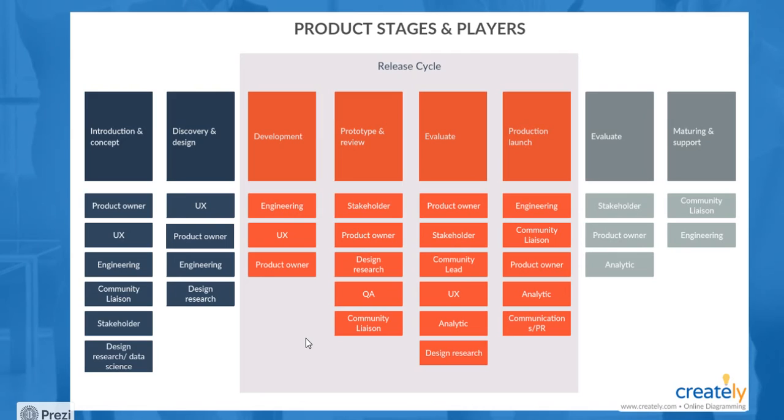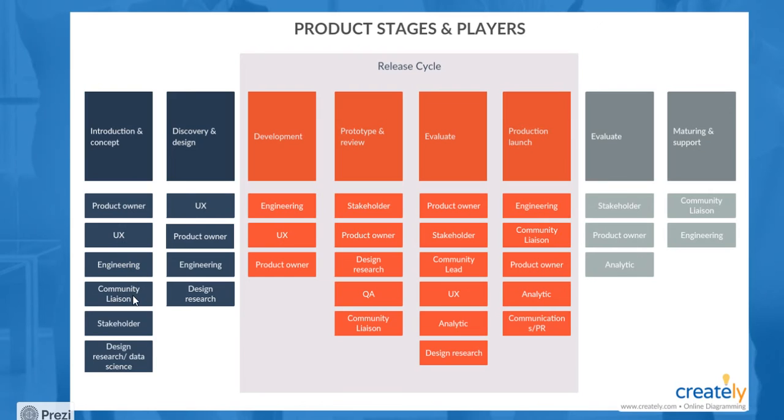This is just an example of the elaborate stages that you have to do and the players involved in this. So, for example, take a look at the introduction and concept. Okay, who was involved? The product owner. Where it says UX, that is just one of the offices.